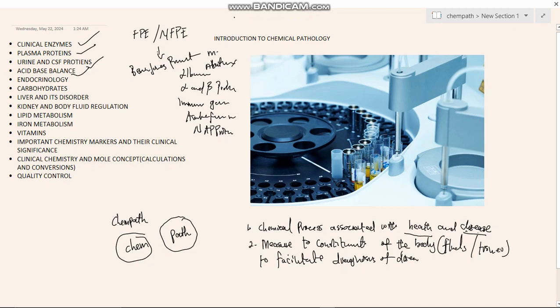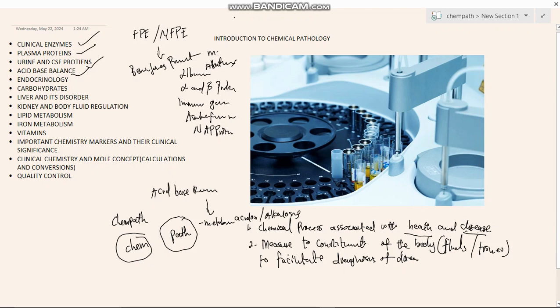So under acid-base balance, we'll talk about acid-base regulation in the body. And under that, we'll talk about metabolic acidosis and alkalosis.